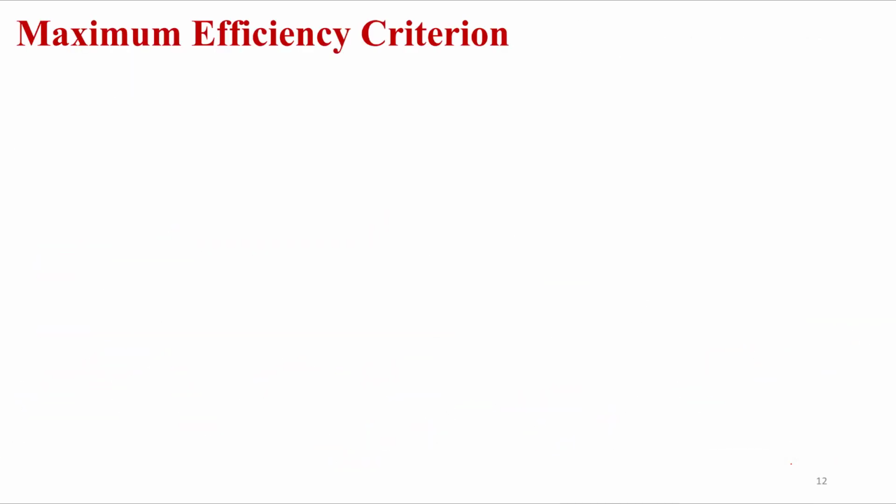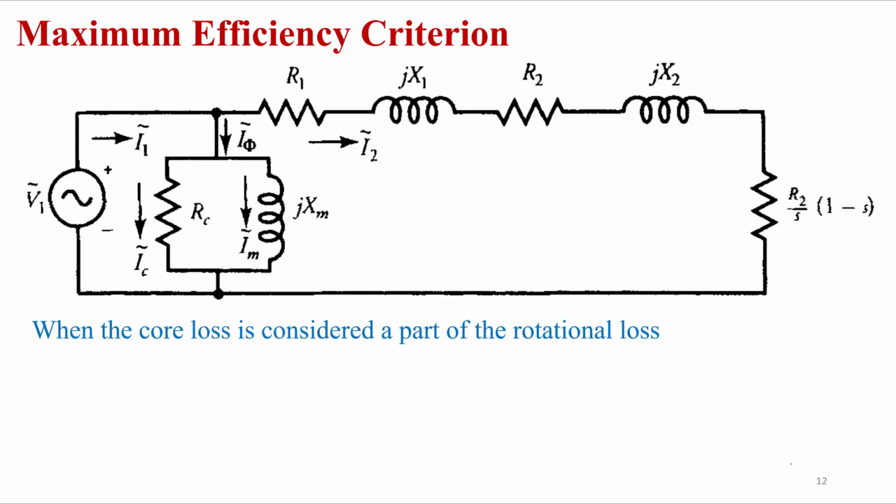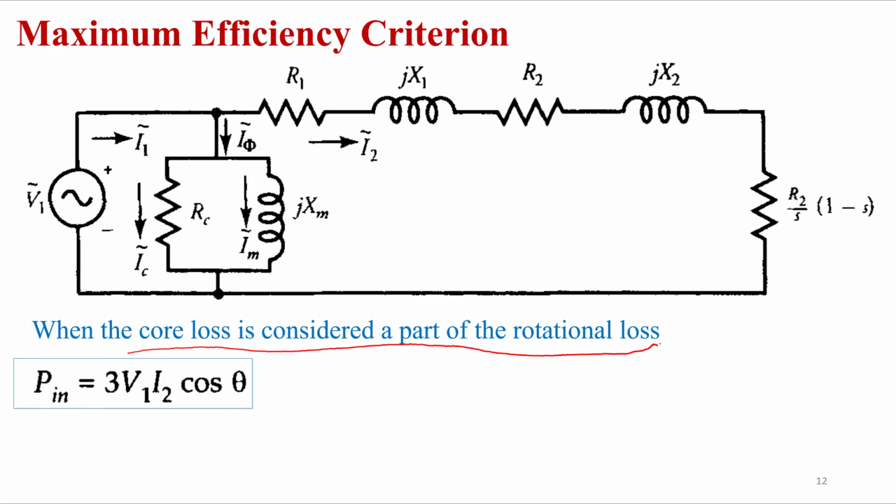Now we'll see the maximum efficiency criterion. We saw the maximum torque criterion until now, and now we can find the maximum efficiency criterion. If we consider the core loss, which is a constant loss, we can include it in the rotational loss as well. Adding both together, we can say it is a constant loss.